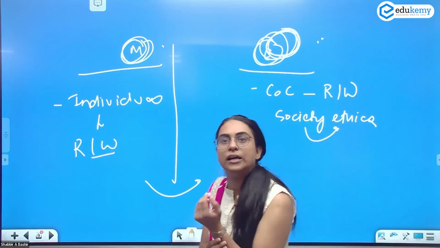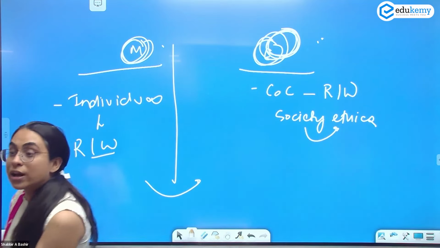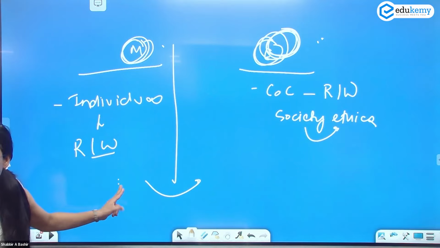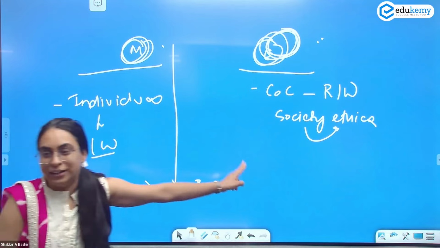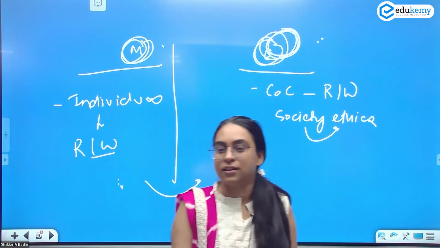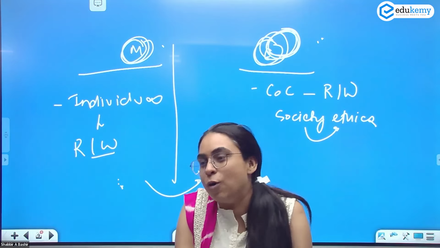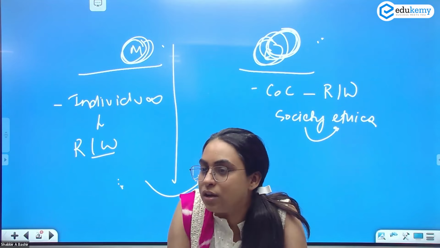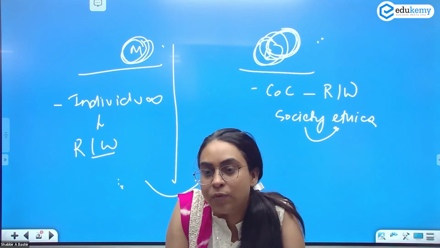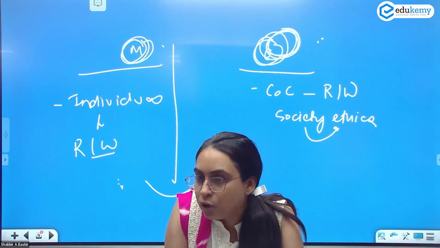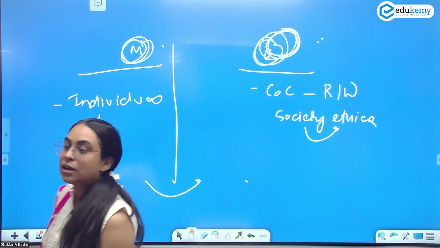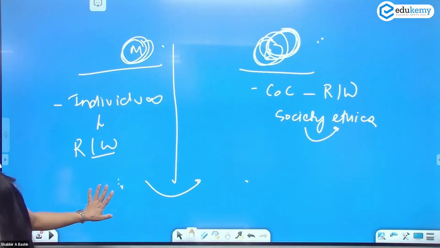कोई example याद आ रहा है history से जहां पे morality of an individual was in conflict with the societal ethics? Yes. All the social reforms. There was a time when girls' education was a question mark. There was a time when widow remarriage was a question mark. There was a time when child marriage was practiced. But then we had our social reformers.